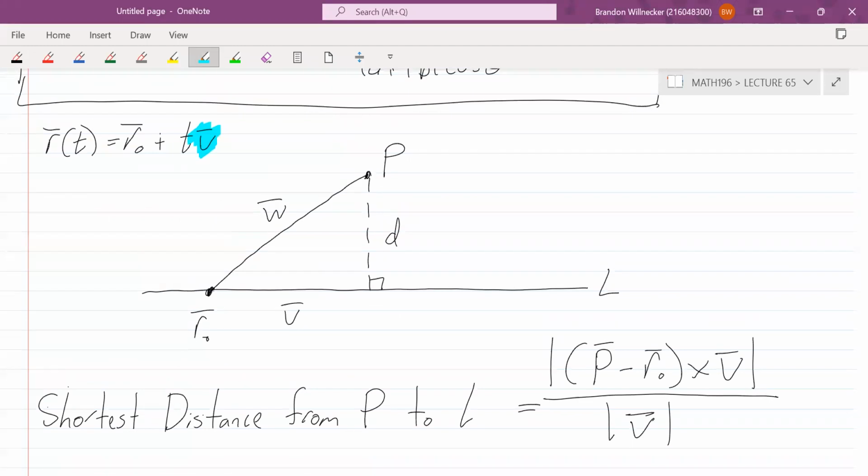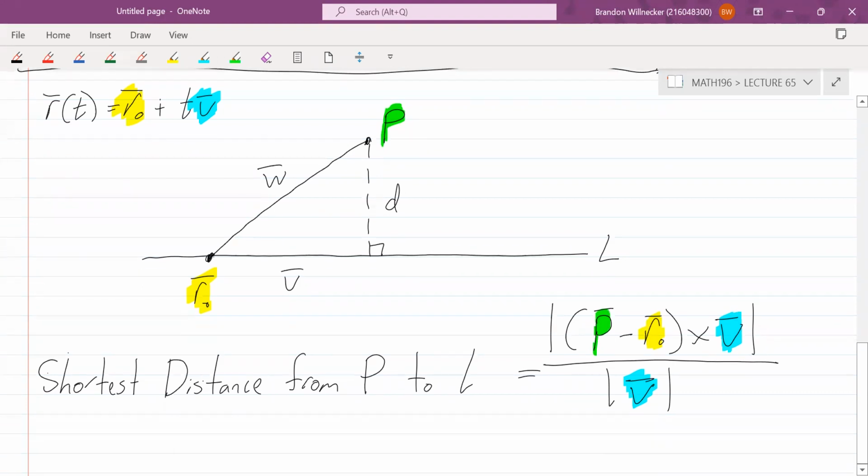Okay, so let's put that in blue. That's the vector that goes along the line. That's in blue here. R naught, that's any point along the line. So we just take that one there. And P, that is the given point that we're interested in. That's going to be here.